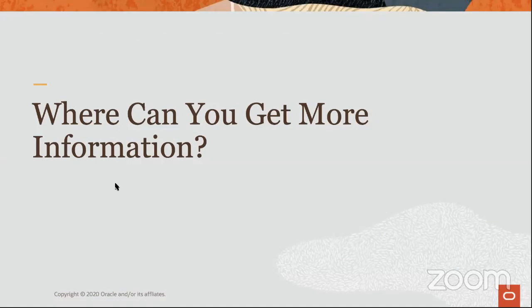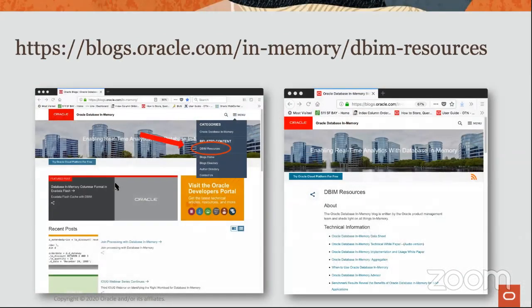So we made it back to the very end. I mentioned this several times, our blog: if you just go to blogs.oracle.com/in-memory, we have lots of posts about technical features and other things going on with Database In-Memory. In addition to that, the URL I have here is our resources page.